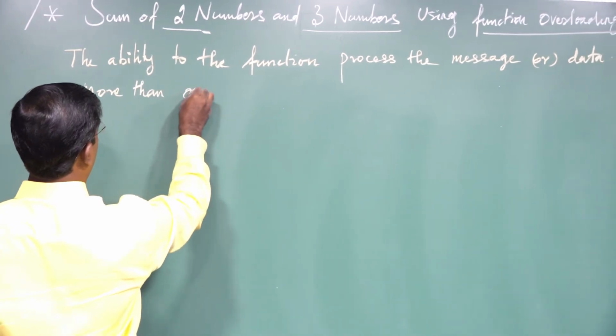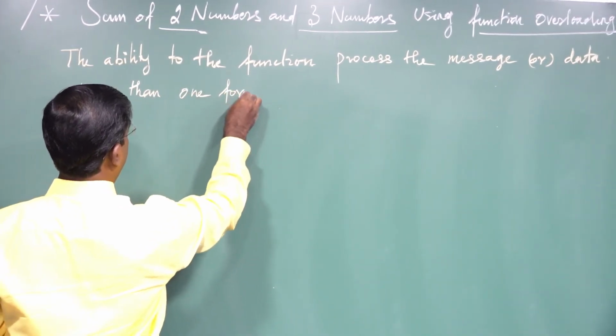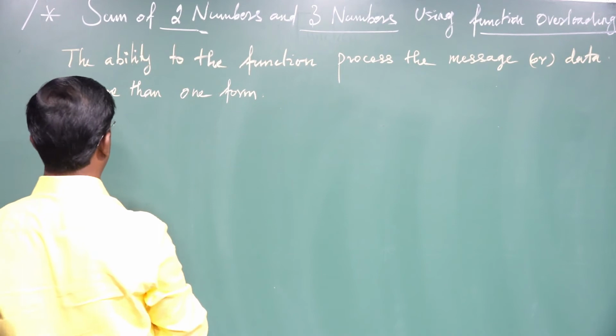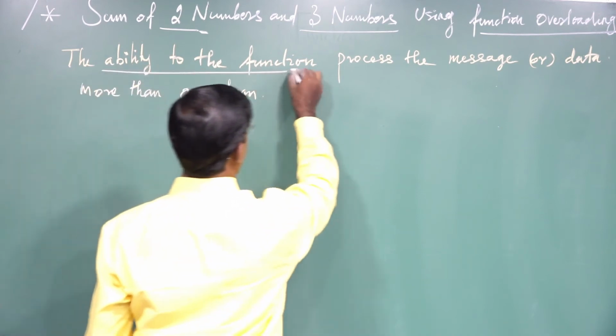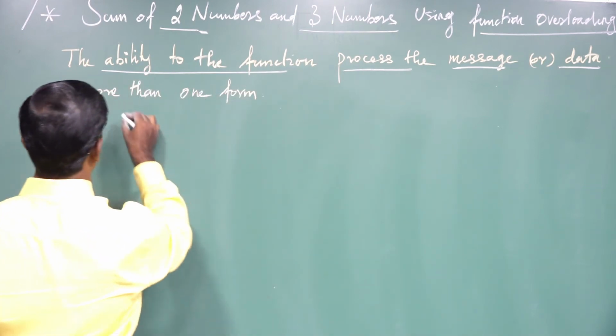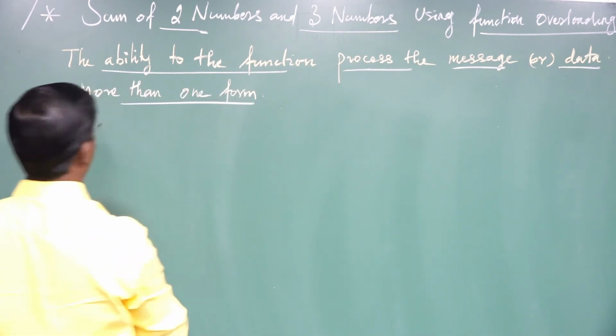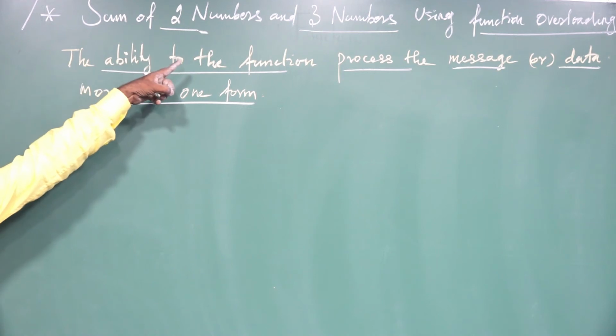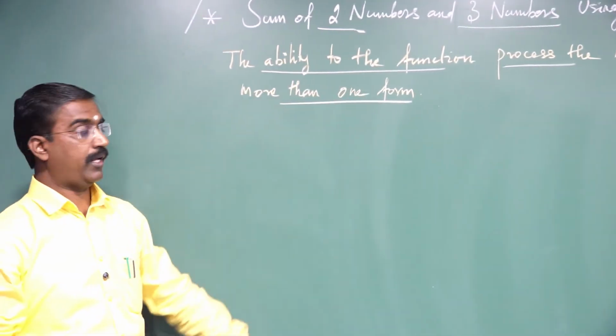That is the proper definition of function overloading. But here the question given is the sum of 2 numbers and 3 numbers using function overloading.